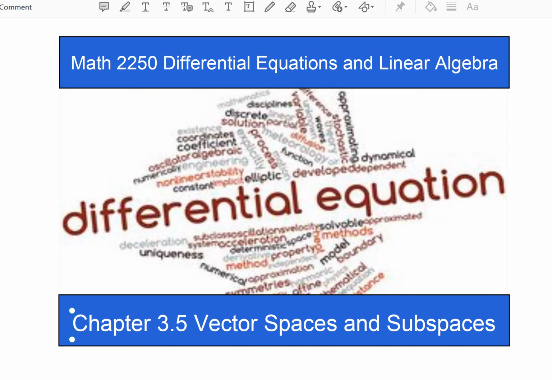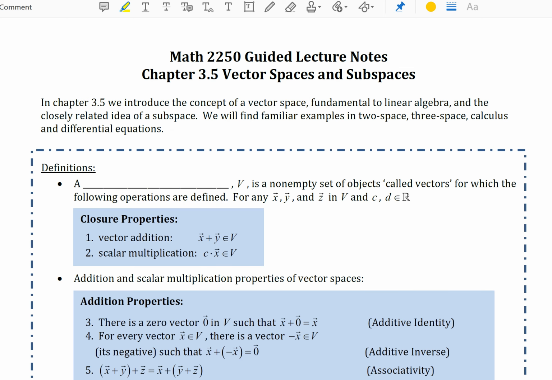In this video, we are going to be going through Chapter 3.5 and discussing vector spaces and subspaces. In Chapter 3.5, we introduce the concept of a vector space, which is fundamental to linear algebra, and the closely related idea of a subspace.